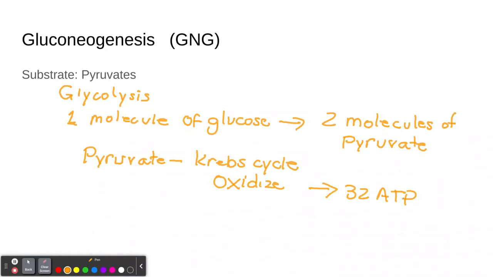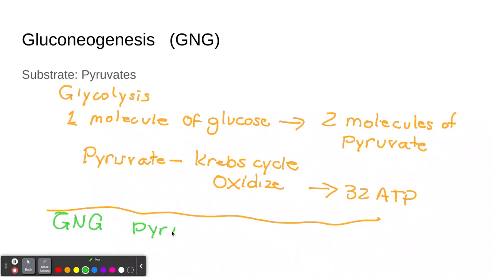Now, in glyconeogenesis, the whole process of what pyruvates will do is, again, from non-carbohydrate sources, pyruvates will yield glucose. So when we're talking about glyconeogenesis, the pyruvates, we'll get glucose.